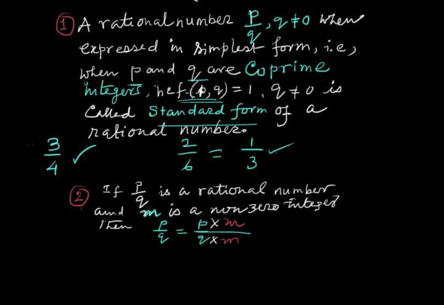So we are multiplying both numerator and denominator by m. Suppose 3 by 4, and if I multiply 3 by 3 and 4 by 3, we get 9 by 12. This is called an equivalent number to 3 by 4.